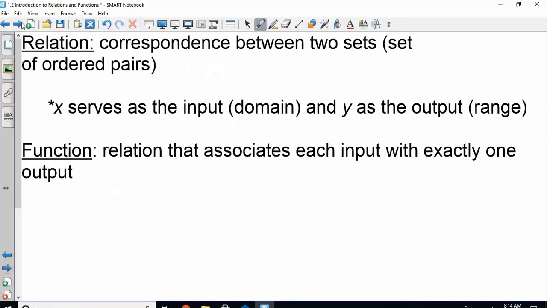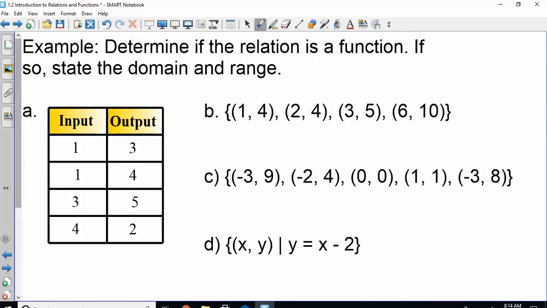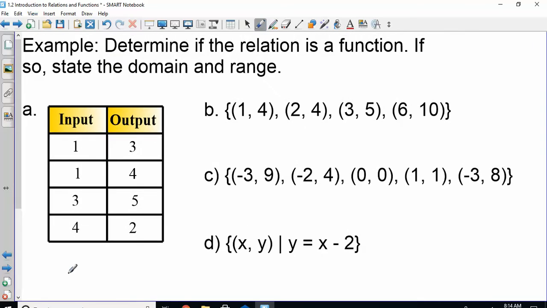Let's look at these examples. So A, I gave you a table of values. I'm asking if it's a function, and if it is, we're going to give the domain and range. Is this one a function? No, because x never repeats. Your input is like your x, your output is like your y. If I'm looking at this, I have the same x twice, so this is not a function.